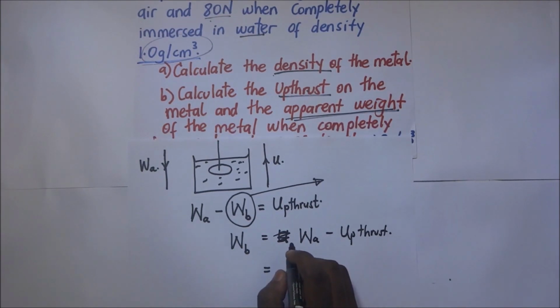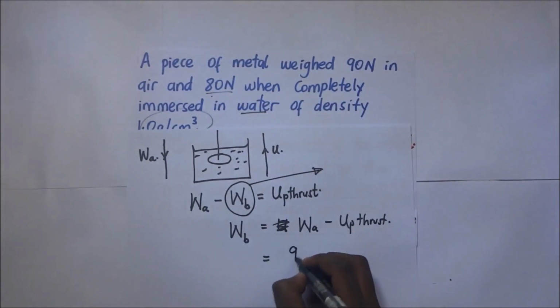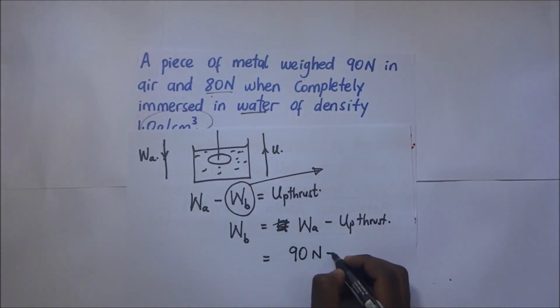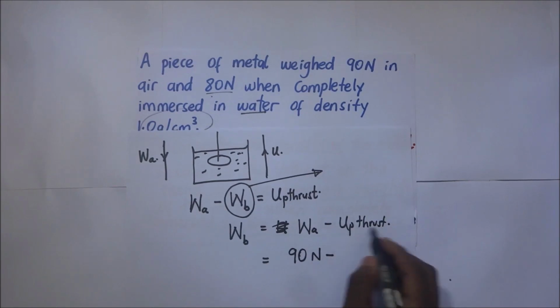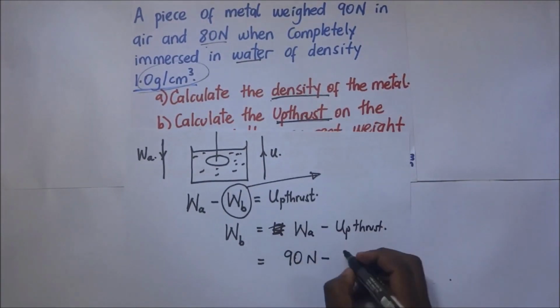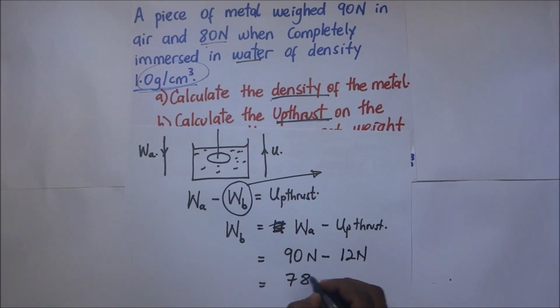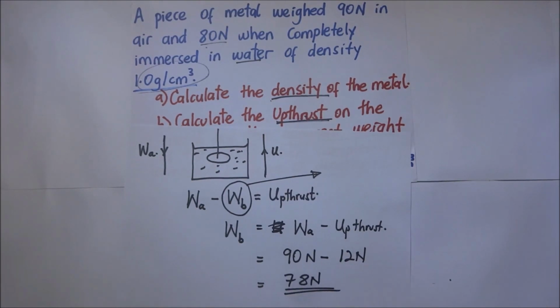Its weight in air is given in the question as 90 newtons. Subtract the upthrust force. We got the upthrust force in the first part of the question as 12 newtons. And so in this case, our answer is going to become 78 newtons.